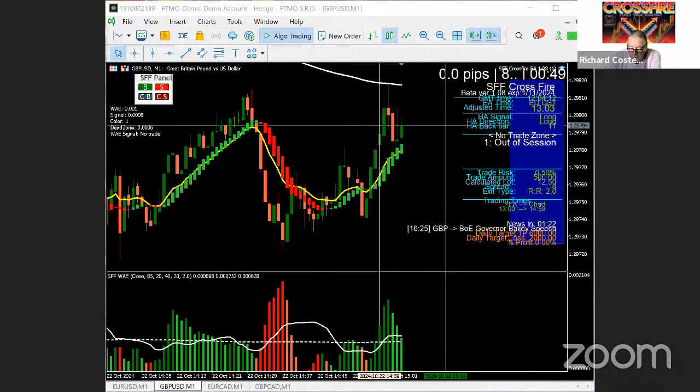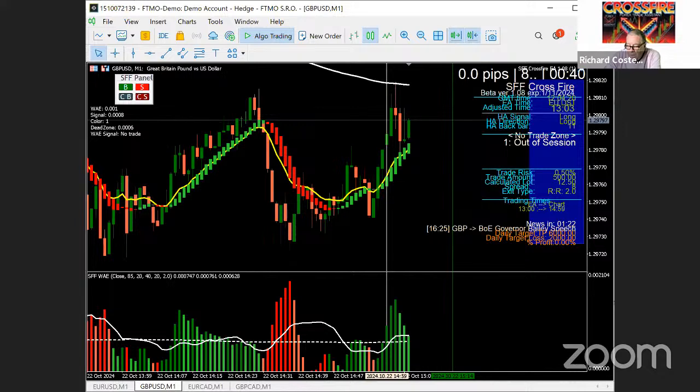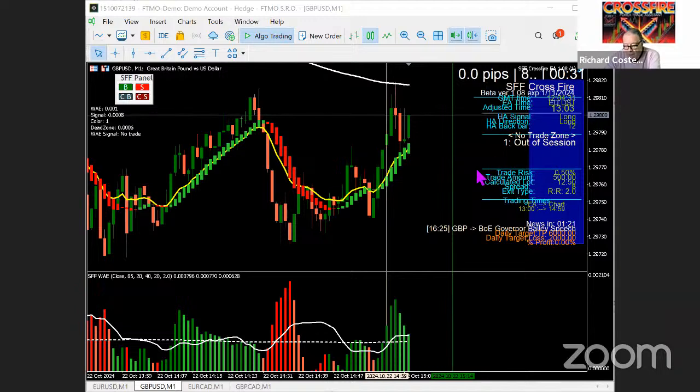Right, let's see if I can get this working properly. You should be able to see my MT5 in front of my TradingView.